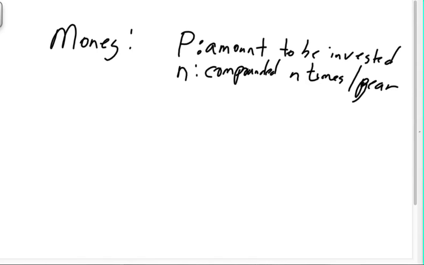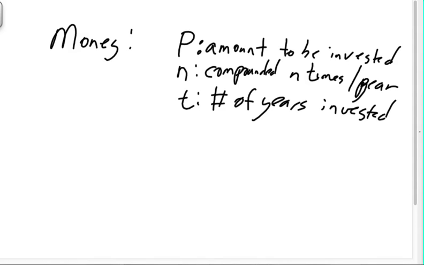Compounding means the number of times that they add interest into your account. T is the number of years you're going to invest, and R is the rate you're going to invest at, as a decimal, not percent.